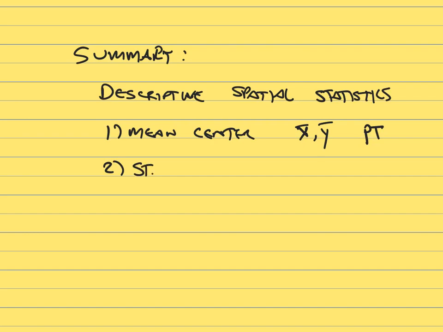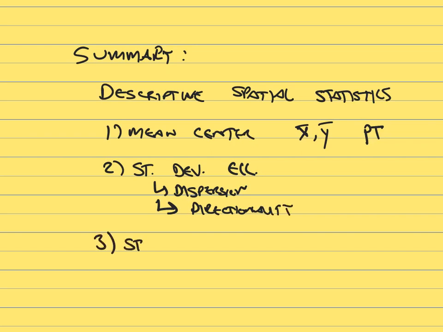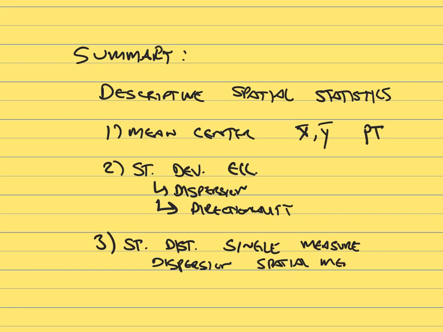We've talked about the standard deviation ellipses, which are giving us a measure of dispersion of points around the mean, spatial mean, and of directionality of that dispersion around the mean. And third, we've talked about the standard distance, which is a single measure of dispersion around the spatial mean. And it can also be used to help populate the kernel density bandwidth.